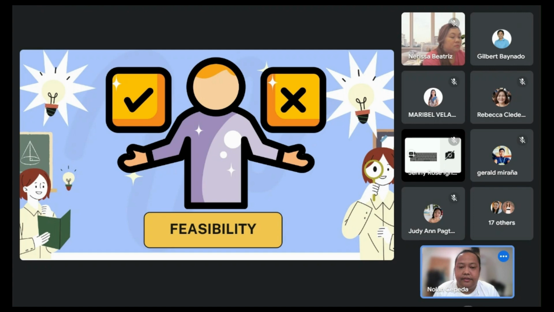The first one is technical feasibility, operational feasibility, economic feasibility, ethical feasibility, and time feasibility. This gives us an idea whether our research is, how should we say this, yung mas applicable siya sa area natin.